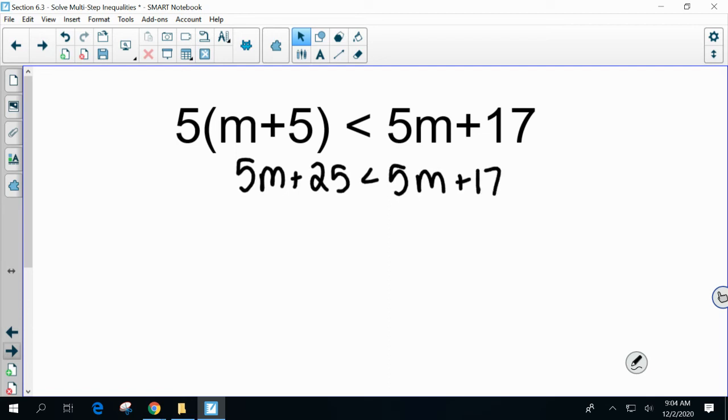So your 5m's are going to zero out, and you're going to get 25 is less than 17, which is not true. So this one is no solution.